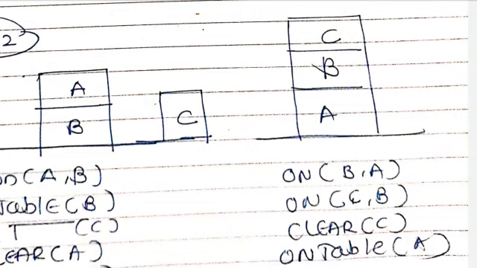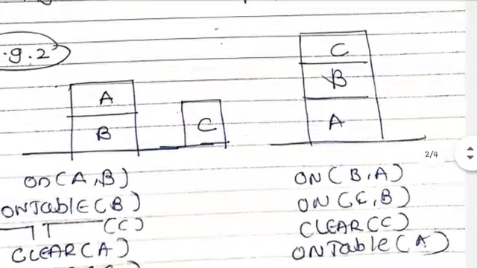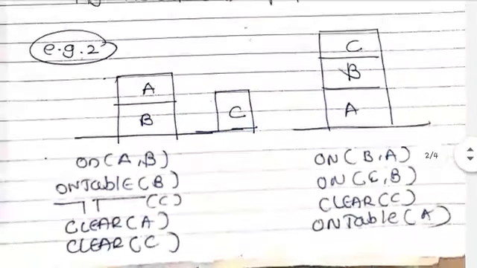Then put B on A. If and only if B is on A, at that time we put C on B. So here we say that for C, B and A, we have to execute these tasks dependently. And if these tasks are satisfied, finally we reach our destination.